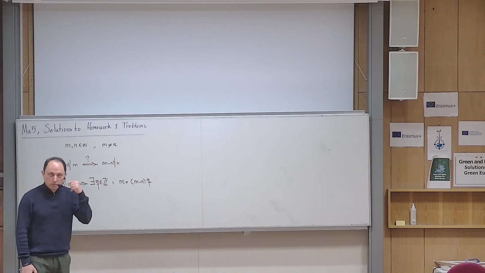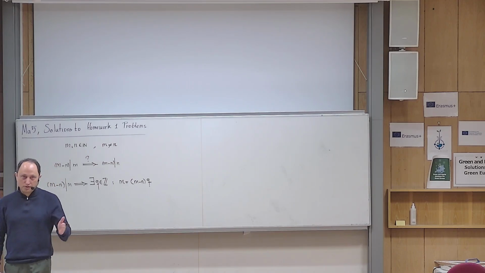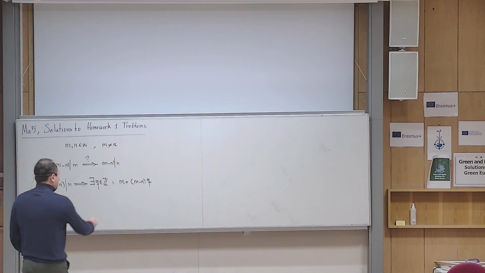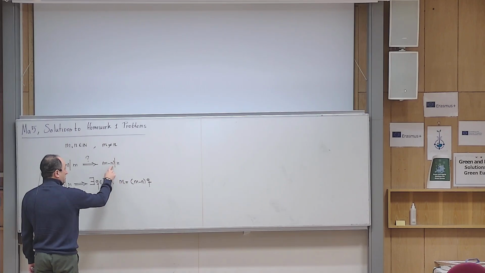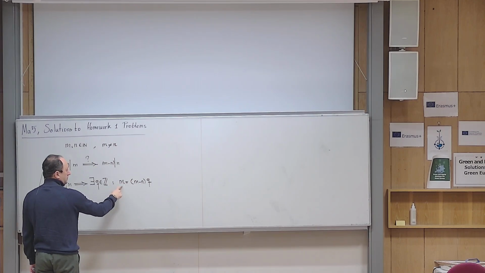You need to be able to think in that way, otherwise you get stuck. So you see, this is my equation, equality. In order to reach here, I need to have n on the left side of the equality because I want to say something about the divisibility of n by m minus n.